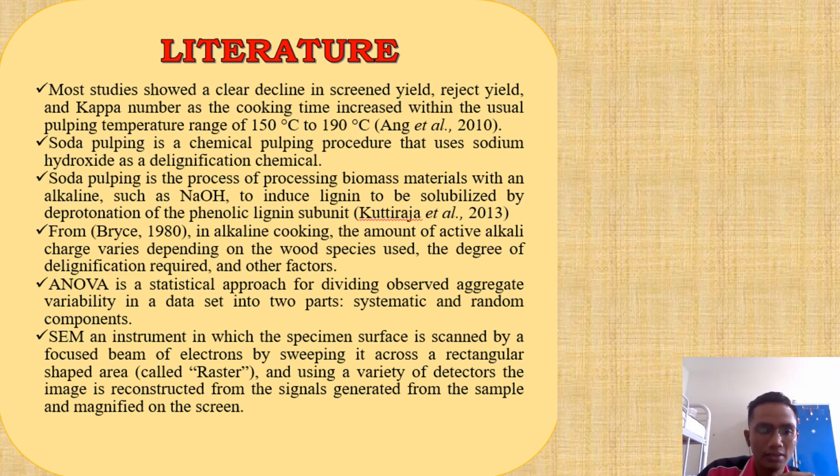Last but not least, SEM is an instrument in which the specimen surface is scanned by a focused beam of electrons by sweeping it across a rectangular shaped area, which is called a raster, and using a variety of detectors, the image is reconstructed from the signals regenerated from the sample and magnified on the screen.